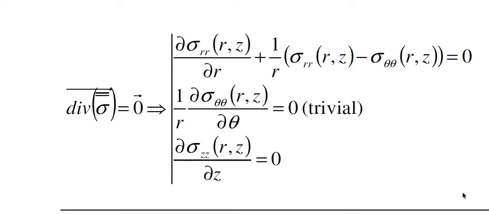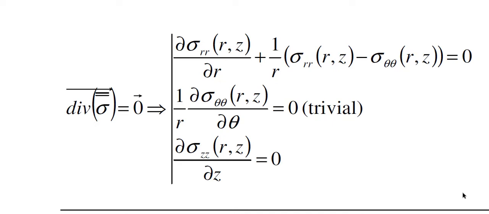Also, it should be remembered here that the divergence is applied in the cylindrical base, and the divergence of a tensor of order 2, which is a matrix, the tensor sigma, will give a tensor of order 1, which is a vector.